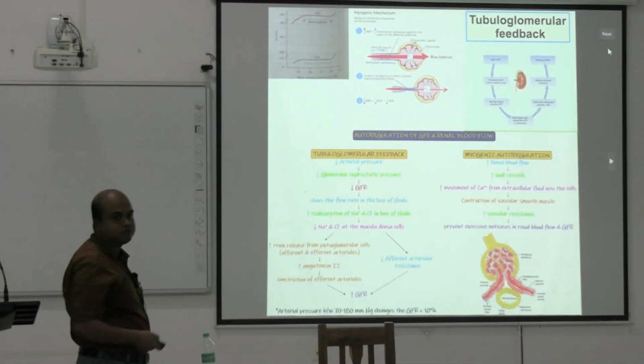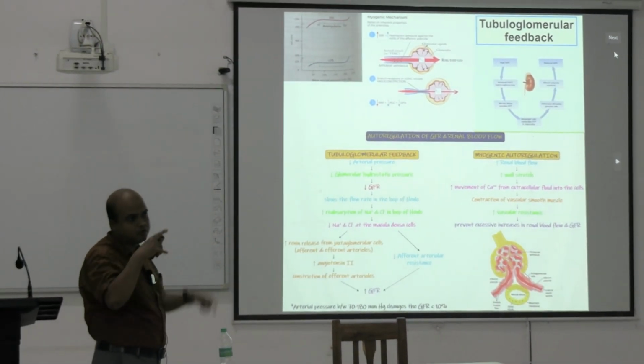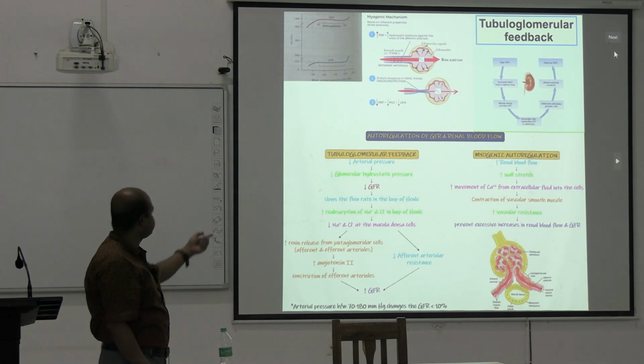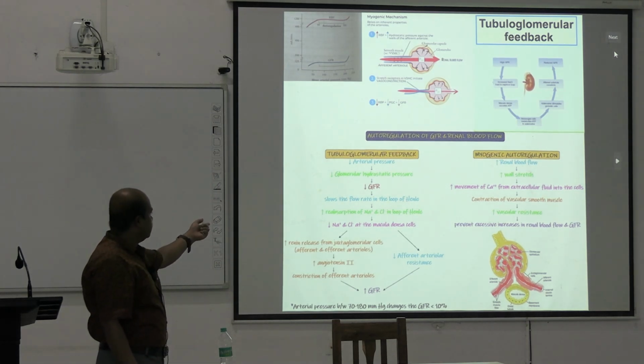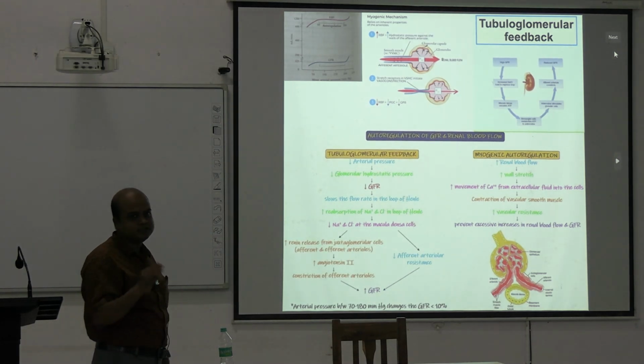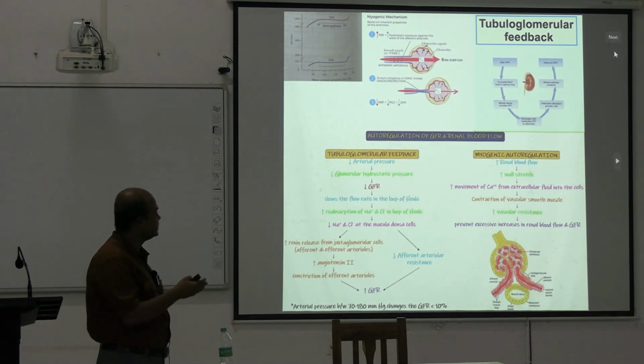This is renal blood flow, this is autoregulation of renal blood flow, how the macula densa is responsible for sensing NaCl. If the reabsorption is less, then the macula densa cells sense less NaCl, and it influences the JGA cells to increase renin release. That is TGF.